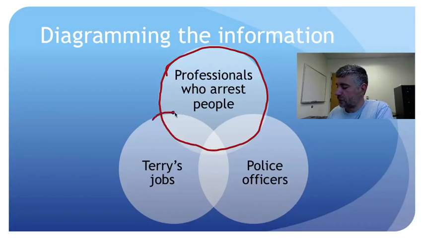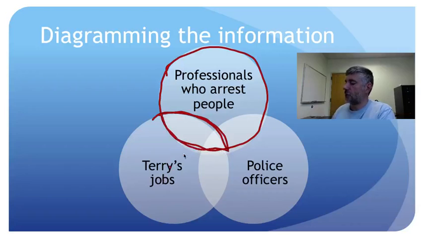And of course it has to be in this circle, because that's the circle of Terry's jobs. So at least one of Terry's jobs must be in this football-shaped region right here, in this intersection of the category of Terry's jobs and professionals who arrest people. That's what premise 1 tells us.